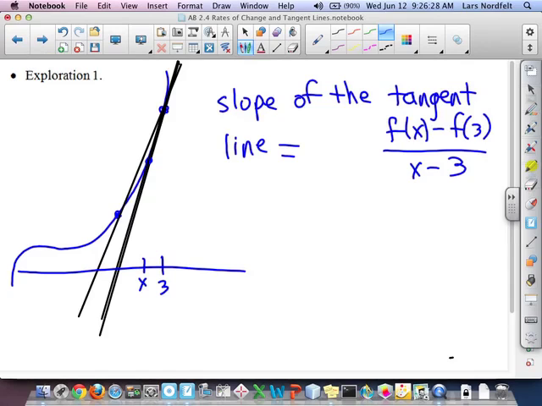And the closer x gets to 3, the closer this value will get to the actual slope.